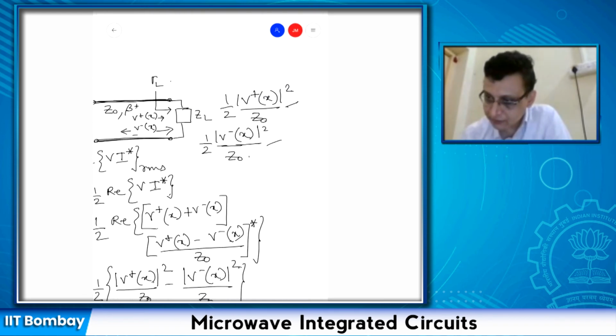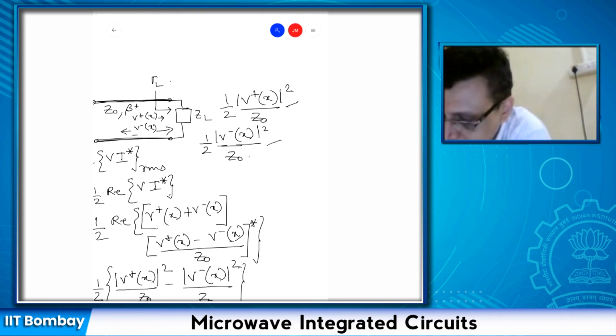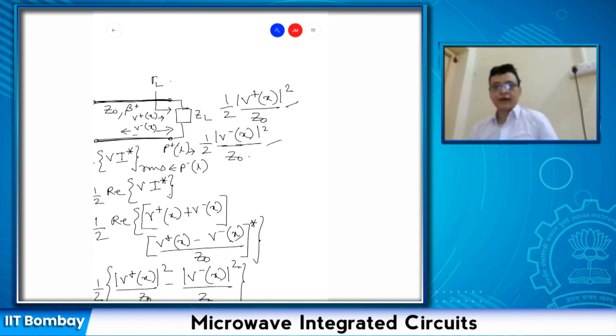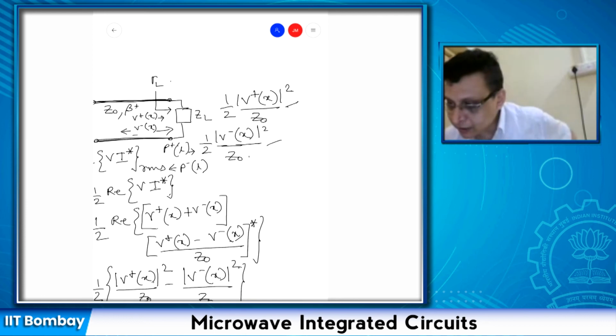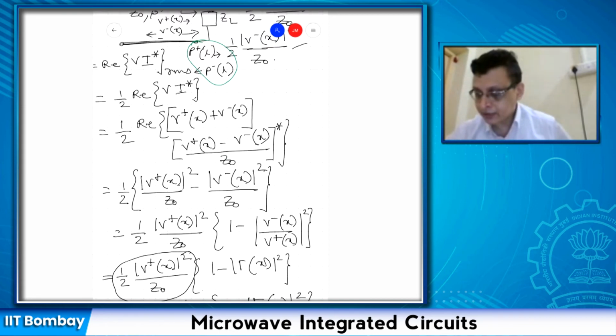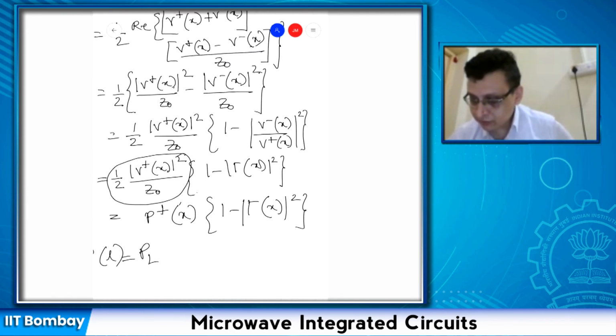So at this end, I have P plus of L flowing into the load, and this is the power flowing into the load, and P minus of L, the power flowing back from the load, and the net power that is delivered to the load is the difference between these two quantities, and that is what we are getting here.